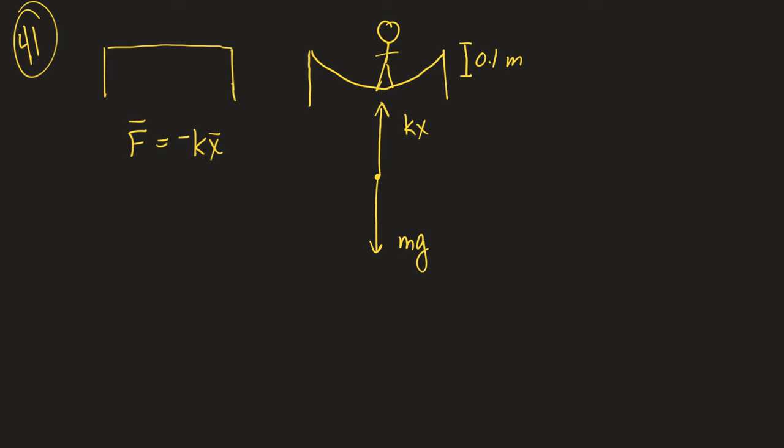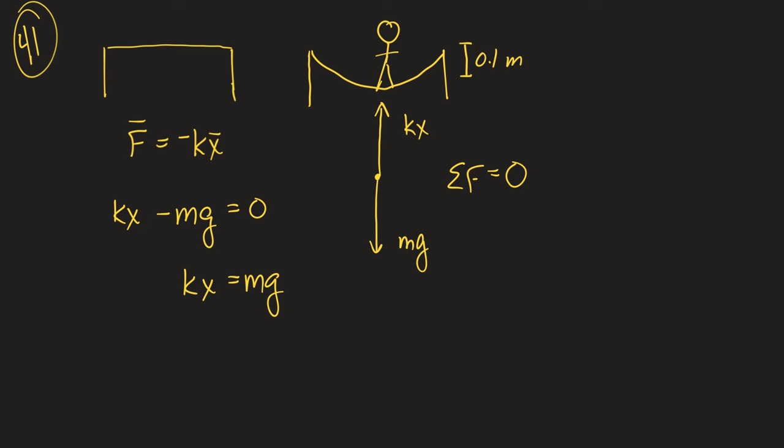It is that balance that allows me to figure out what the spring constant is, because I can set the net force equal to 0 from that. So from here, I simply say that kx minus mg equals 0, or kx equals mg.